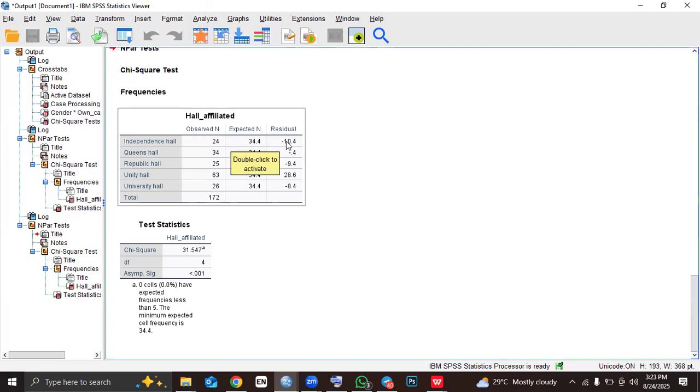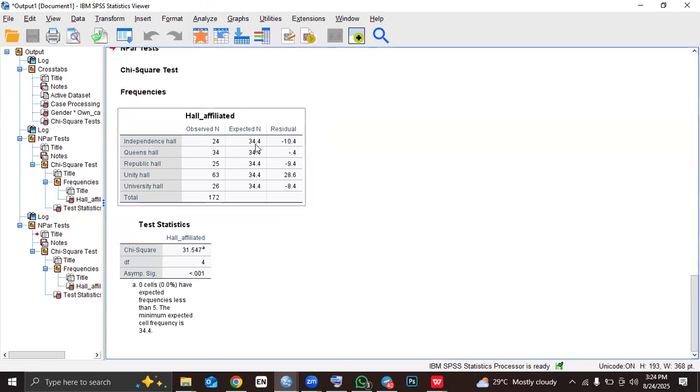So this negative sign is telling us that we had a lesser amount of students in this hall than what we expected. That's what the residual in this hall is trying to tell us.